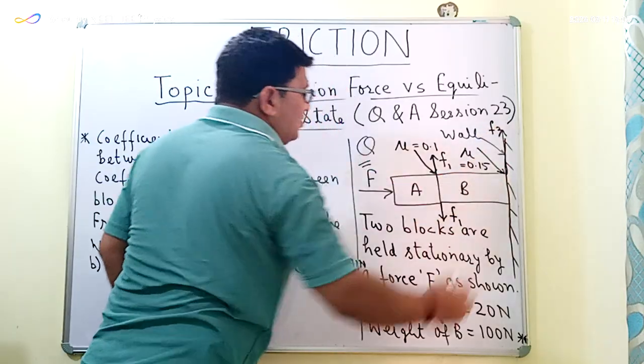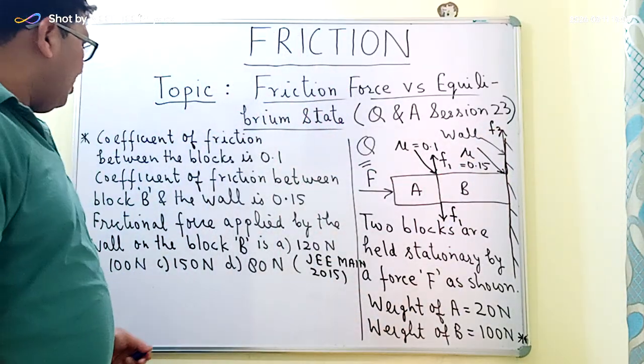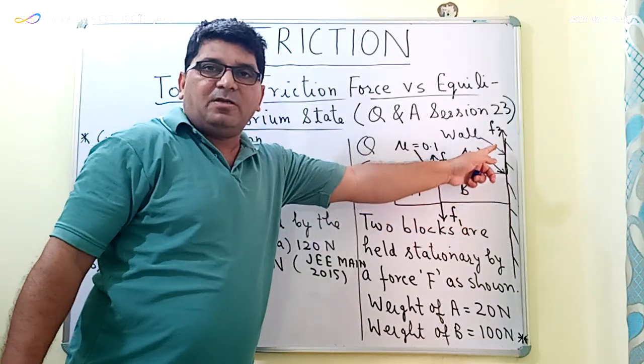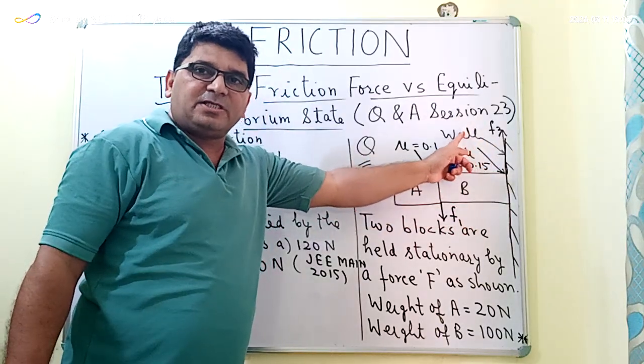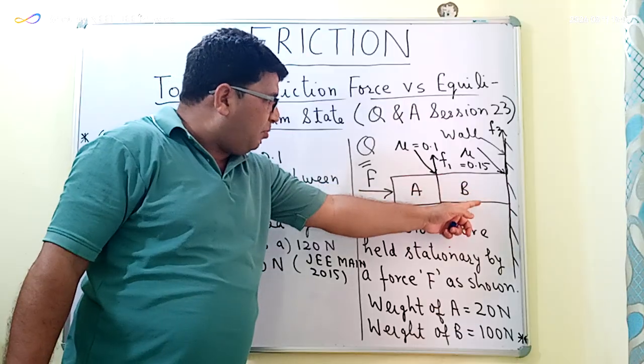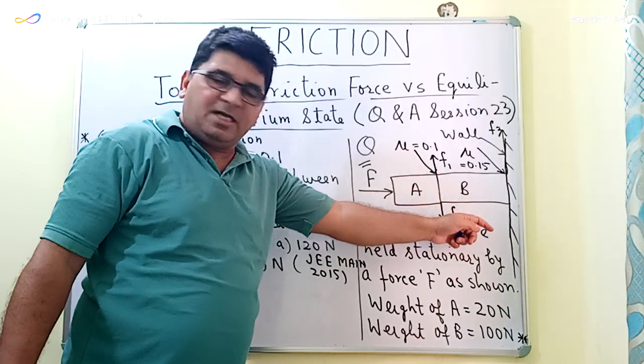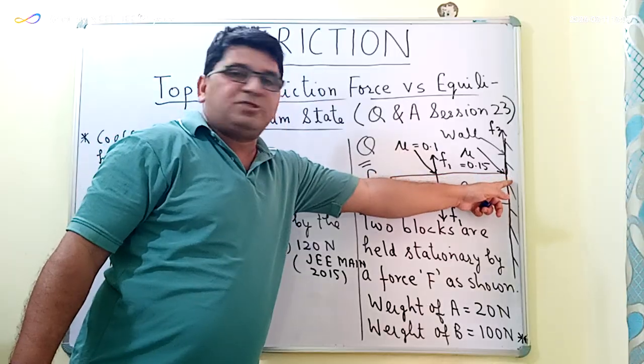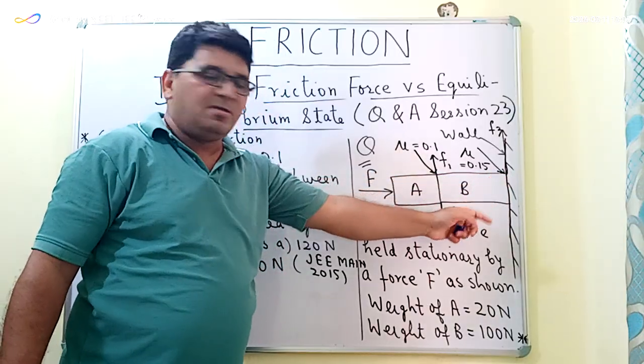That is, the force of friction on the block B due to this wall will be acting in the upward direction because this block B has a tendency to move downward with respect to this stationary wall.